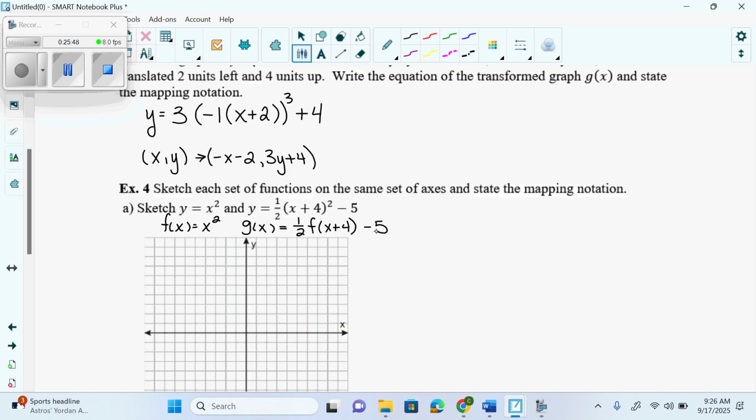No, it's not squared, it's an f. This is just saying that I'm applying the 1/2, the 4, and the 5 to f of x, which happens to be x squared. You see how this one doesn't have a squared in it? F will never have squares in it. It's going to be the number of the stretch, f, the number of the stretch, minus the translation. They mean the same thing.